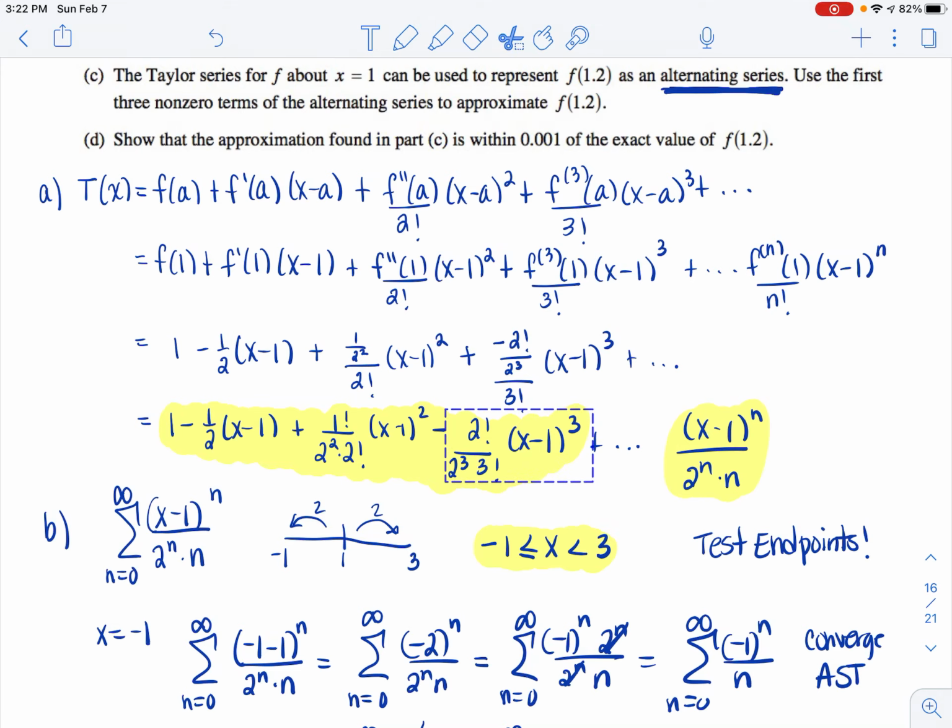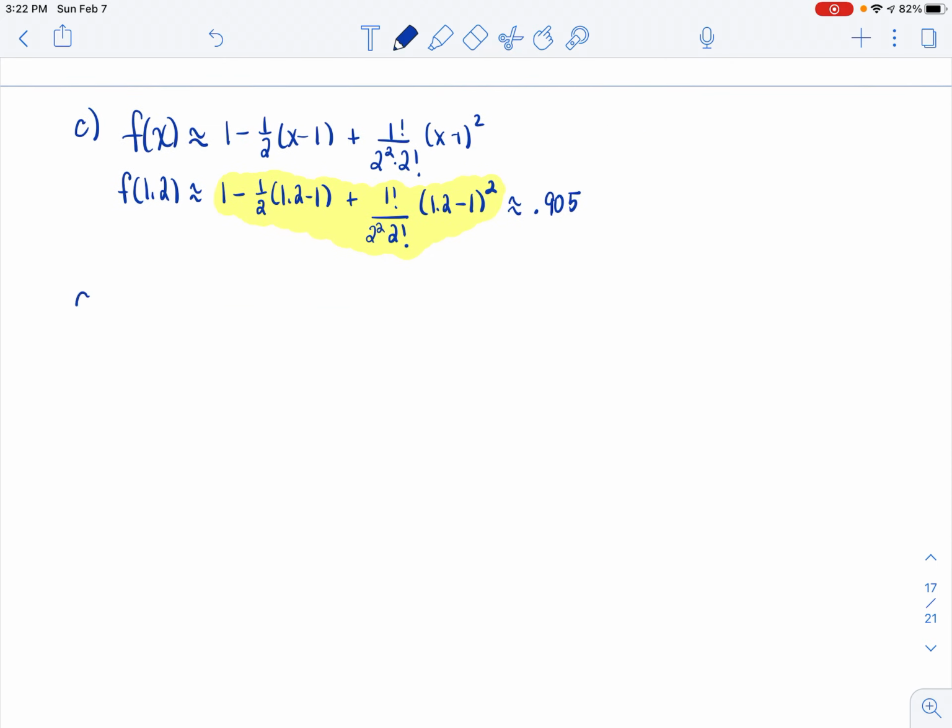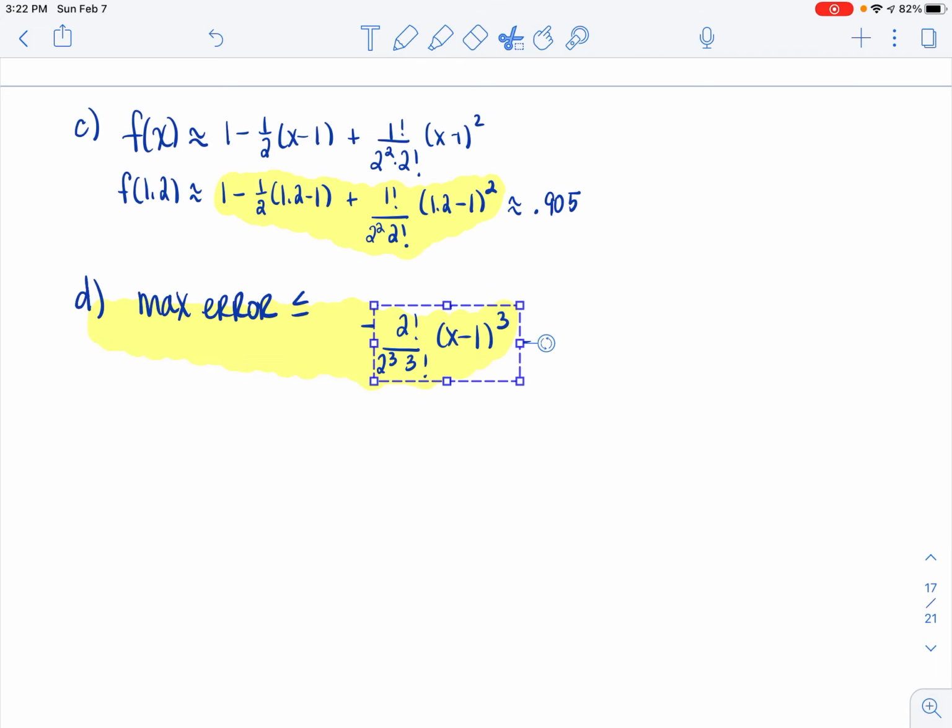So if I go back over here, I already had the 4th term. So I can kind of copy that. So in part D, my maximum error comes from the next term, if you will.